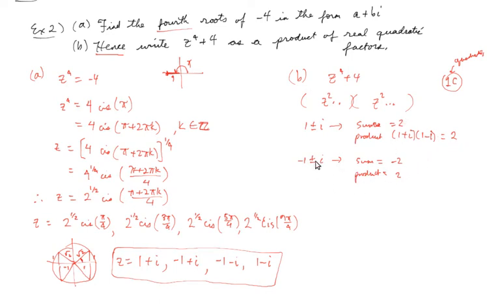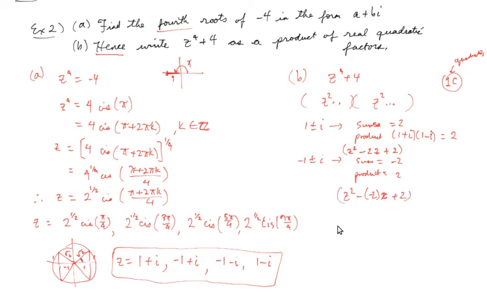So for this one we would have z squared minus the sum, which would be 2z, plus the product, which would be 2. This would be the quadratic that has these roots. And the quadratic that has these roots would be z squared minus a negative 2 times z, plus the product, which would be 2.